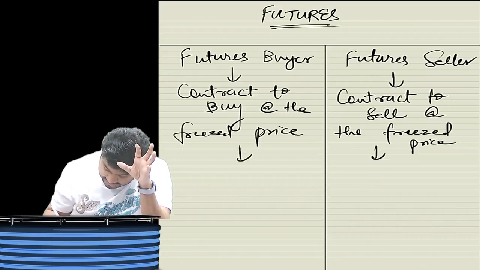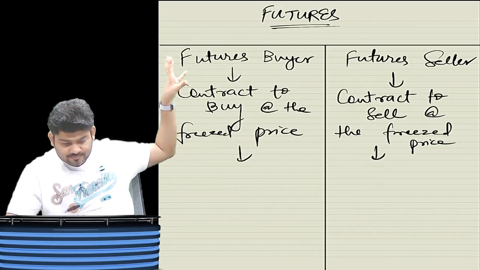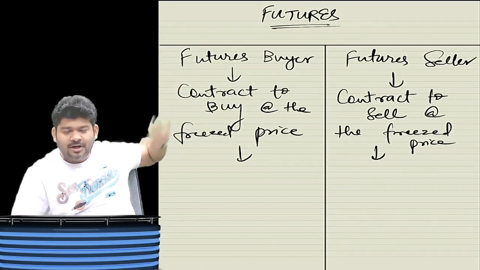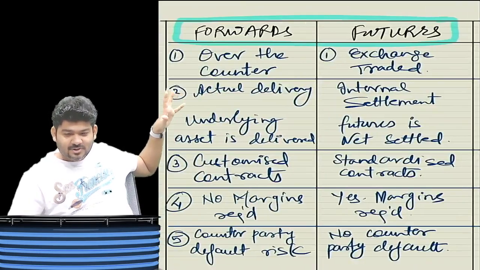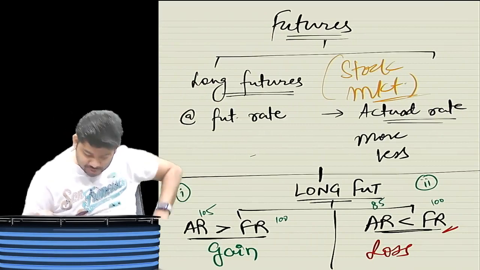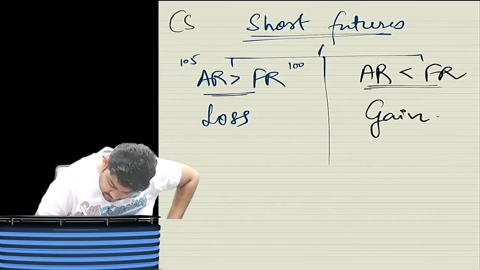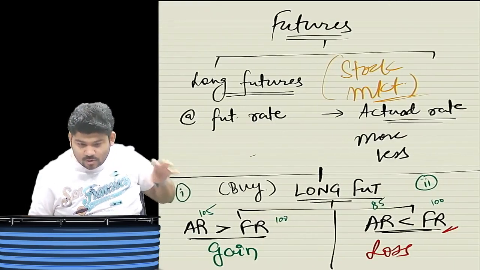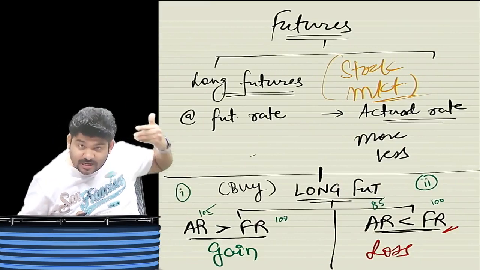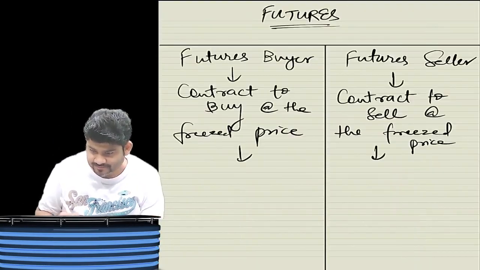Okay. In case of futures buyer, you want the market to go up or down? Think your answer. You want the market to go up or down when you are longing futures, when you are buying futures. You will gain when the actual rate goes up. So you want the market to go up, right?